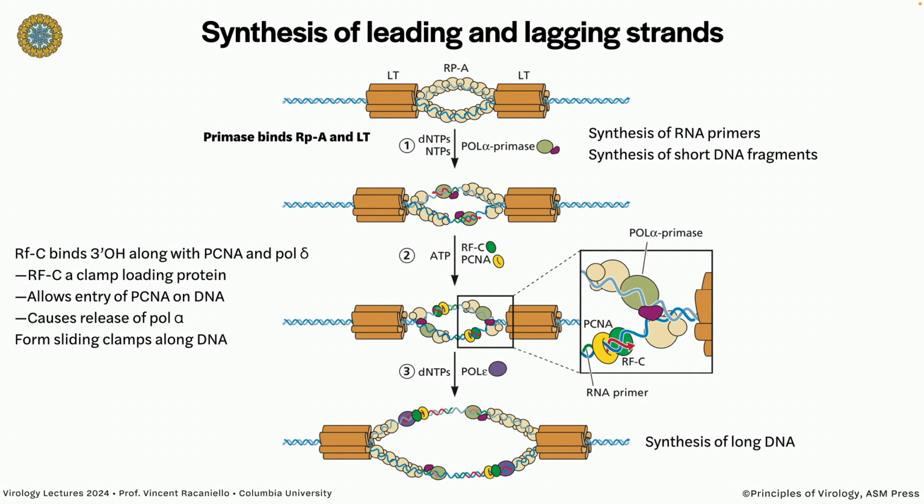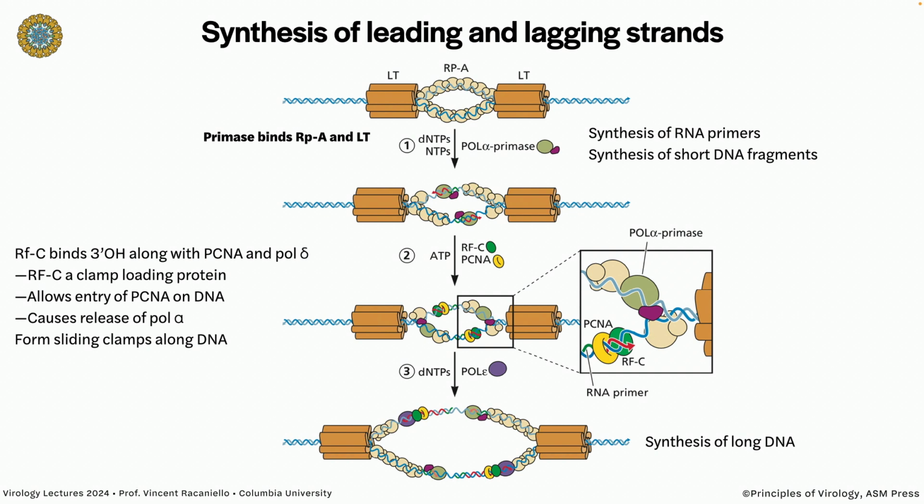That can happen. And then you recruit in a few other cell proteins, and then finally polymerase epsilon, which will make very long DNA. The polymerase alpha primase can only make short DNAs. The longer polymerase comes in and makes very long DNAs to complete the copying of the viral genome. And this is a topologically complex process happening here.